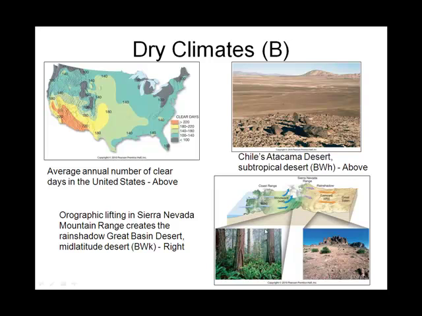Then down here, it's showing you the region on the windward side of the Sierra Mountains and on the leeward side of the Sierra Mountains. Definitely different climates on either side of the mountains.